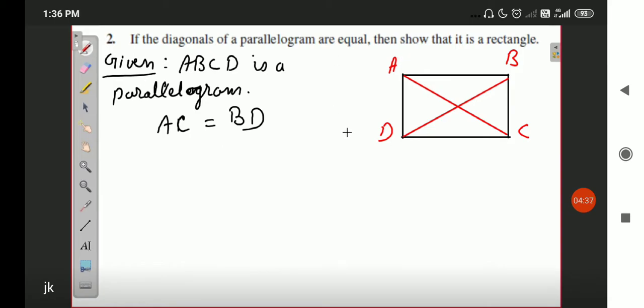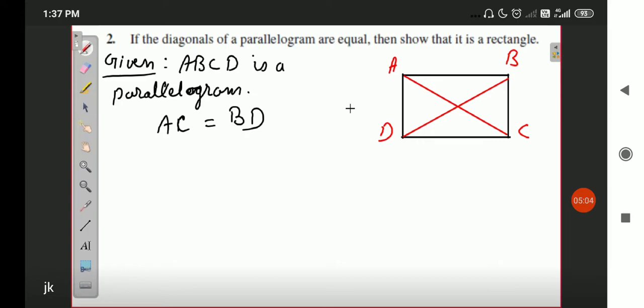So remind yourself, how was a rectangle different from a parallelogram? A rectangle was different from a parallelogram by one key measure: all the interior angles of a rectangle are 90 degrees. So if somehow we can prove that any one of the interior angles of this parallelogram is 90 degrees, then that will mean all the interior angles will be 90 degrees and hence it will be a rectangle.